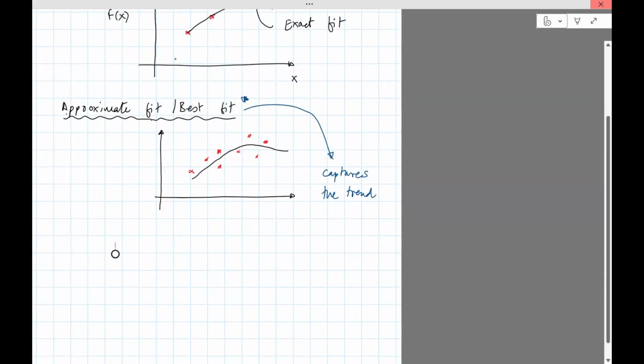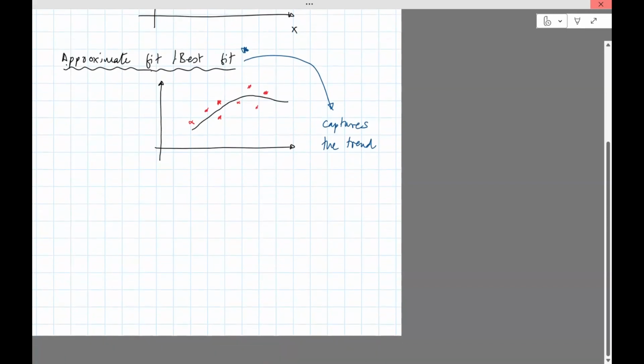Okay, the last thing we would look at in this chapter is interpolation and extrapolation.